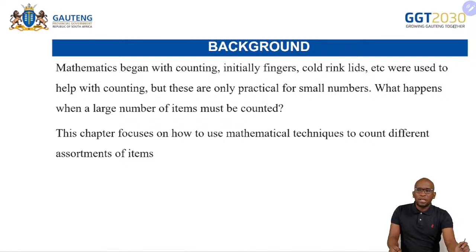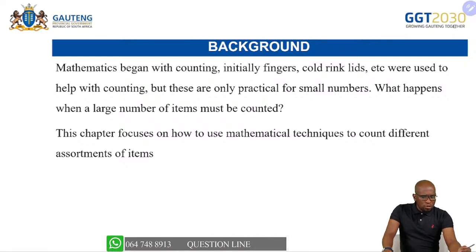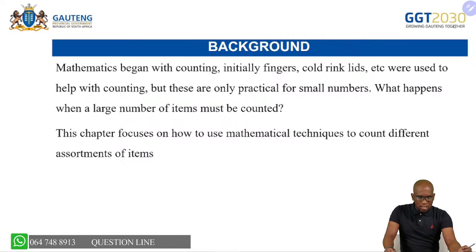For example, addition: you take 3 cold drink lids and take 2, and then you combine them, and when you count the total, you find that it's 5. That's how we began our counting. But what happens when we want to count a large number of items? This chapter will focus on how we can use mathematical techniques to deal with different assortments of items.